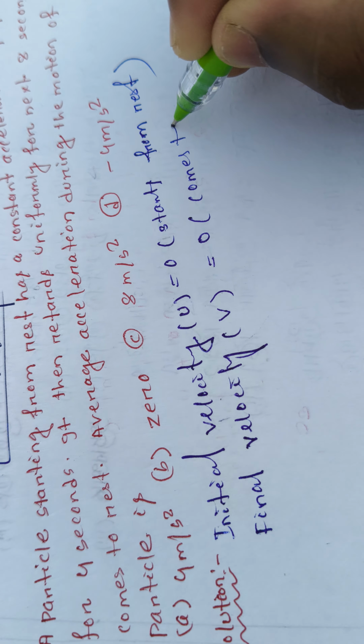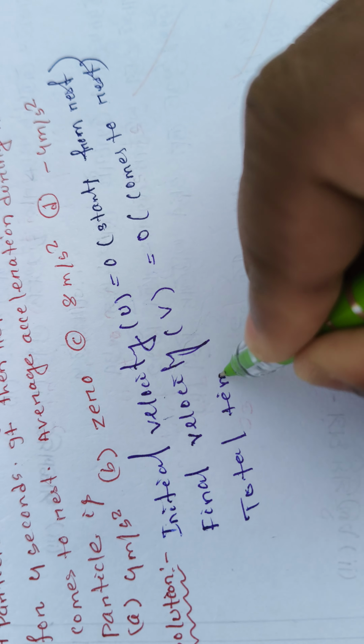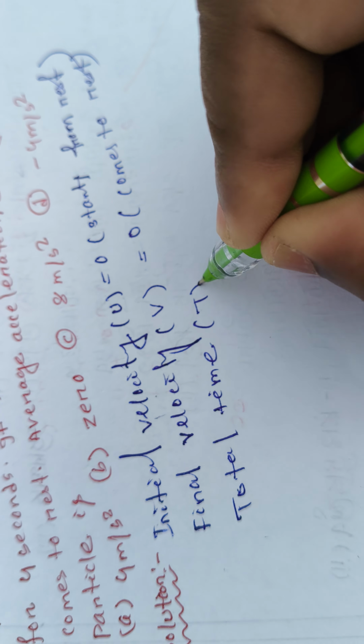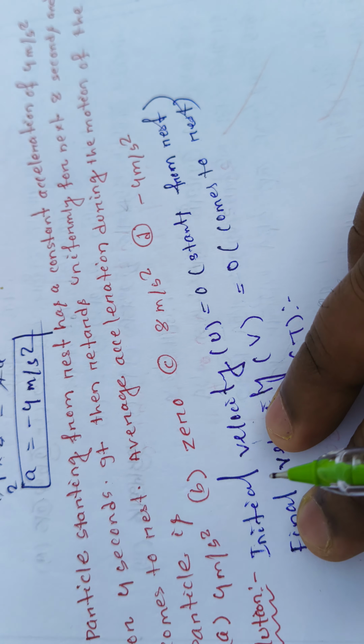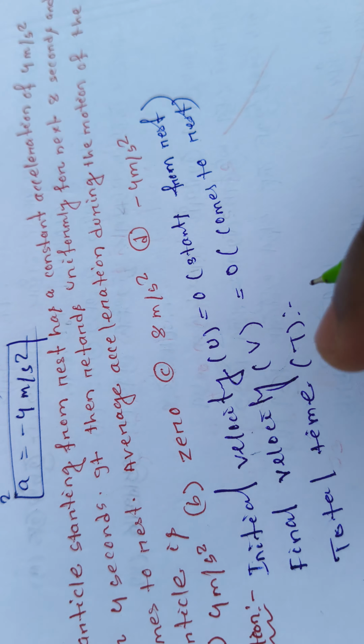And we have to calculate the average acceleration, that means the total time. Total time is t. Total time means what? The time of acceleration plus time of retardation.